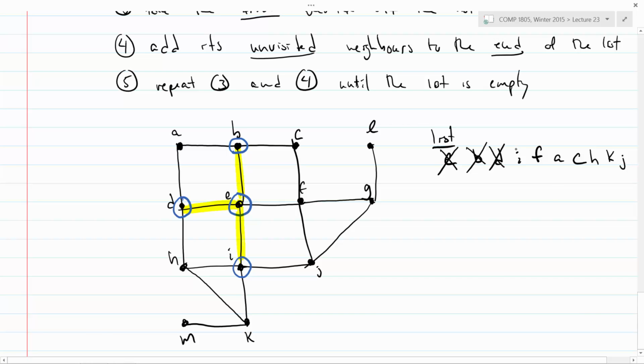So now I'm finished with I. So I go to F. And now I'm there again from E, and F is now visited. And now I add in the unvisited neighbors of F. Those are C and J, but they're already in there, so everything's fine.